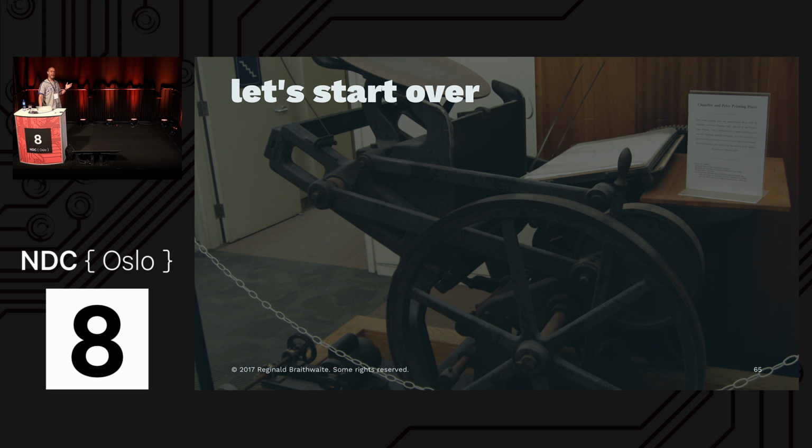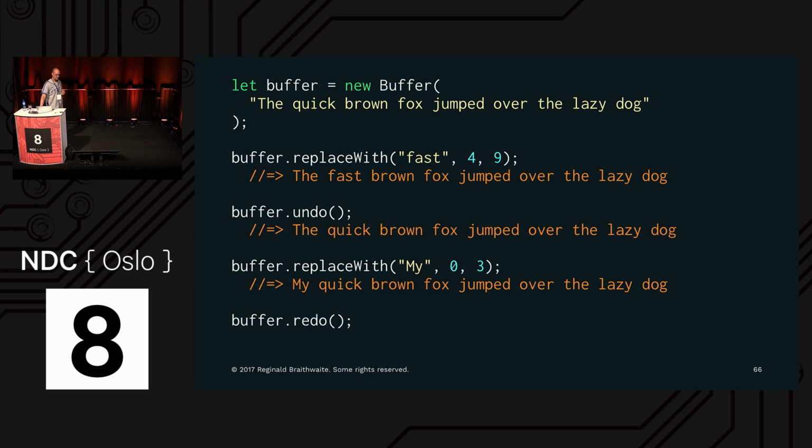So let's look at how this would work. We can replace the word quick with fast. We can hit undo. We can replace the word my with the. And now remember, when we replace the word my with the, the entire future has to be transformed.